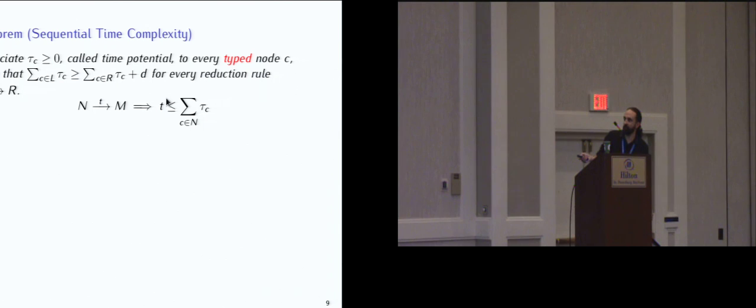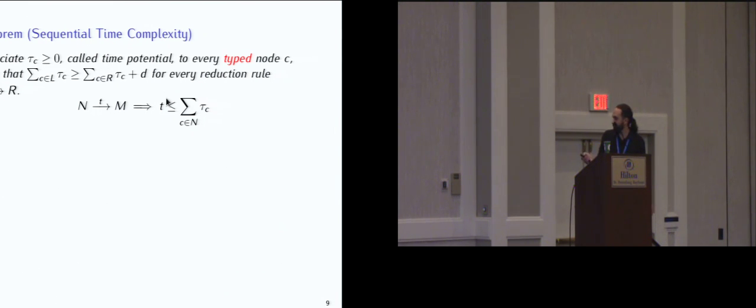So it assumes that you already have some library of cells annotated with potentials. And the trick that makes this theorem usable and useful is that the potentials are associated to typed nodes. So they are parameterized in the annotations that we already mentioned just before.